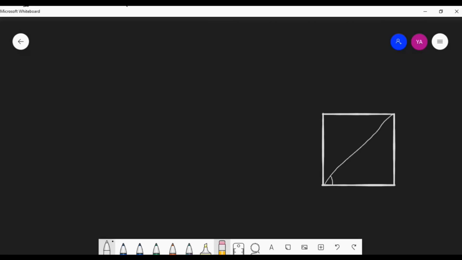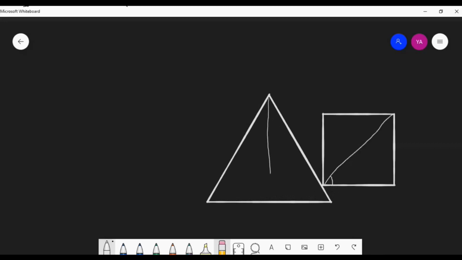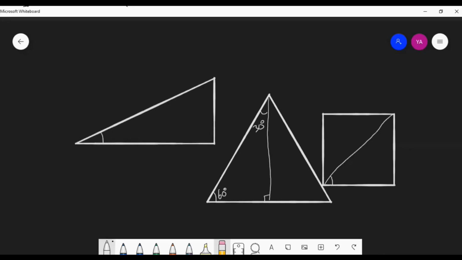And the 30-60-90 degree triangle is half of an equilateral triangle, right? 60 will look like this much and 30 will look like this much. So if you get a question about seeing the top of a tree at a 30-degree elevation, you should draw almost like this.